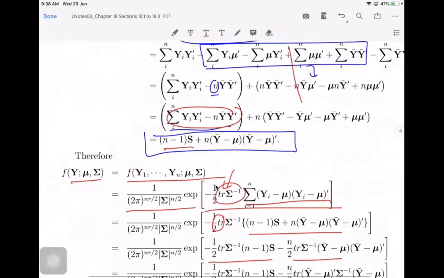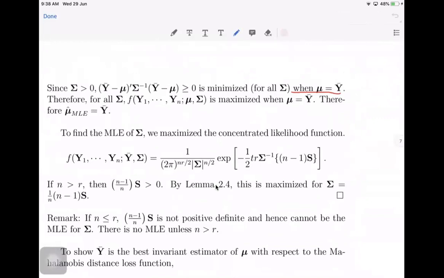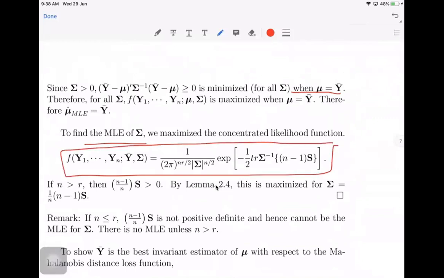So if you look at the notes, so to look for the MLE of sigma, this is how we rewrite it in that form, so that this is now your A. Kana tanan. So 1 over N, A is N minus 1S.